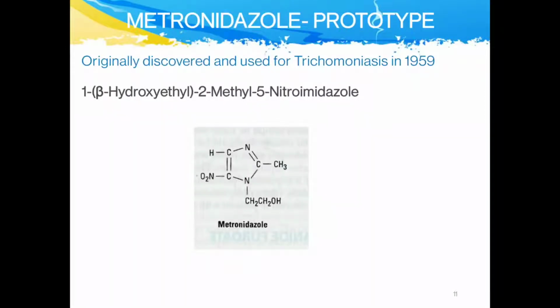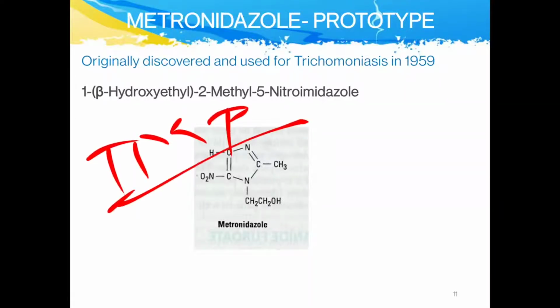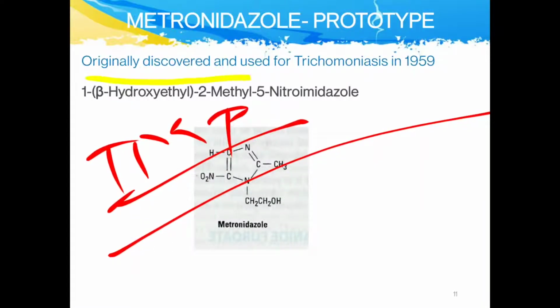Metronidazole is very important and it is the drug of choice for amoebiasis. So we have to discuss metronidazole, a very important drug for study, so you should concentrate at this place. Originally discovered and used for trichomoniasis in 1959, as given.